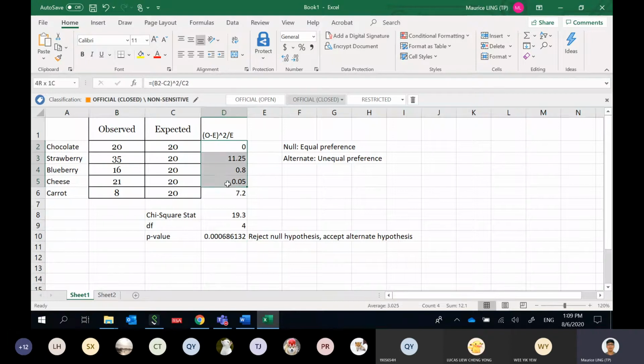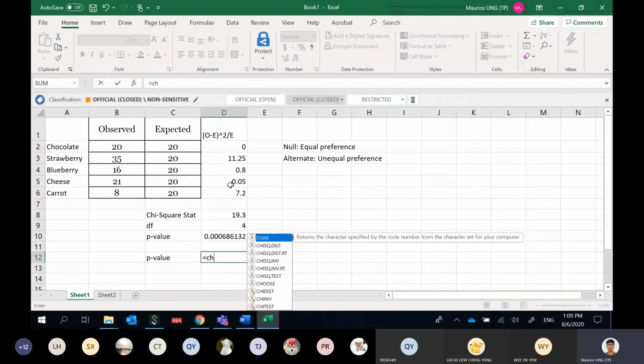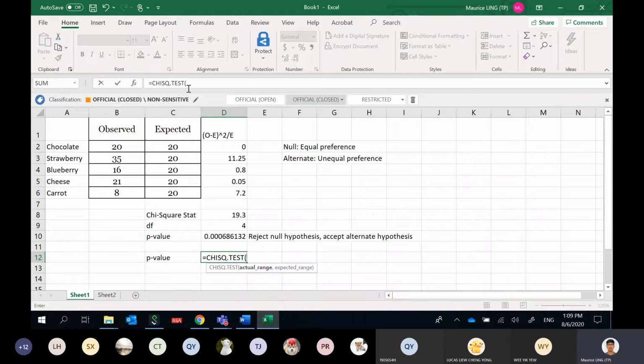So this is one method, which means you have to calculate the chi-square statistic yourself. There is actually a faster method. You can get the p-value directly, because actually all we want is the p-value. We don't really care about the chi-square statistic. You use this formula called CHISQ.TEST.